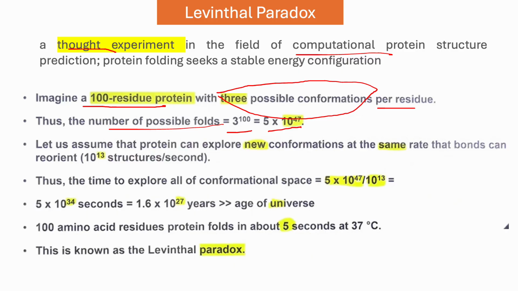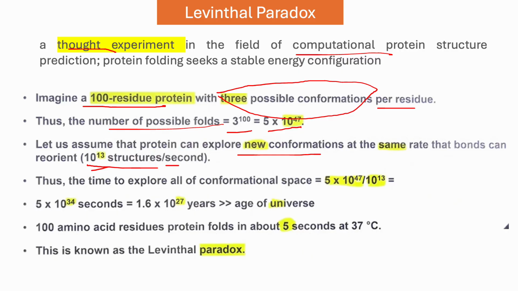As we know, the time scale of a fold vibration is 10 to the power minus 13 second. What does it mean? It means that in 1 second it can produce 10 to the power 13 structures.